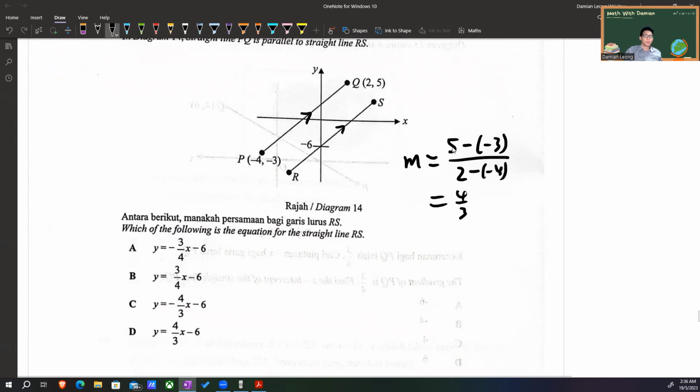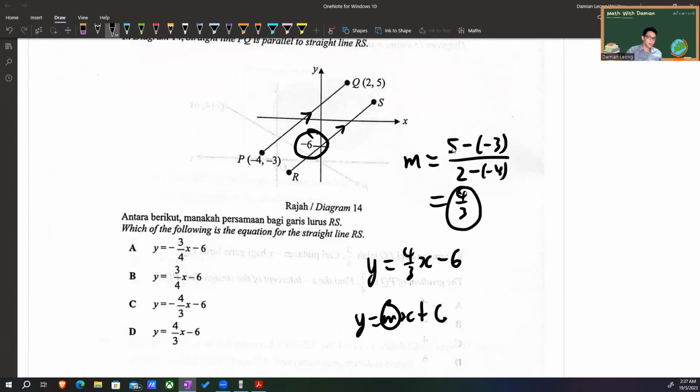For RS, I have the y-intercept, which is the c. So y equals 4 over 3 x minus 6. Y equals mx plus c. Just put the m and the c into the equation. So answer D.